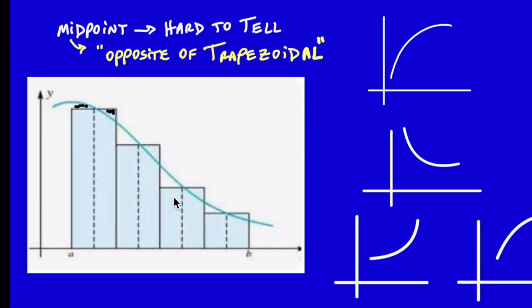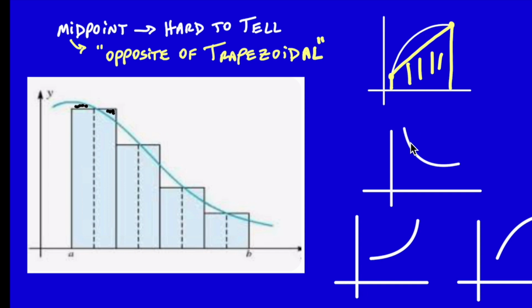The good news is, when you're dealing with midpoint, it's the opposite of trapezoidal, and trapezoidal is one of the easiest to figure out. So it doesn't matter what scenario you're in. So here we go. Here we're concave down and increasing. If you wanted to find what the midpoint is with respect to over or underestimate, you would do a trapezoidal drawing, and you can see that that trapezoid would be an underestimate of that graph.